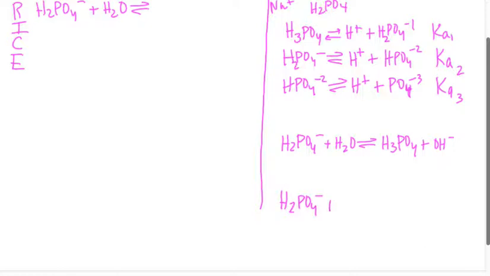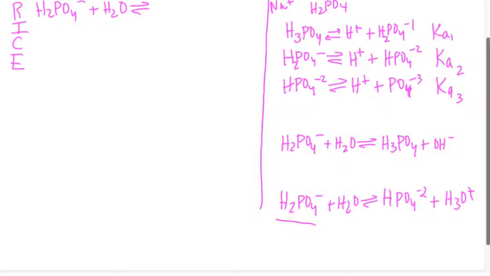H2PO4 minus plus H2O makes, this time we're going to have this be the acid, and basically these ions we're dealing with are amphoteric. They can be acids or bases. So we're going to make HPO4 minus 2 plus H3O plus.